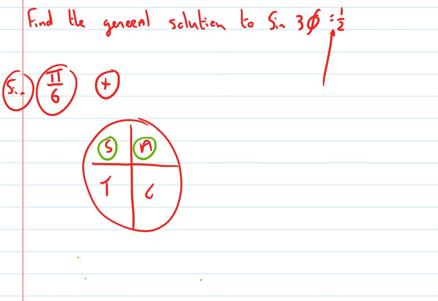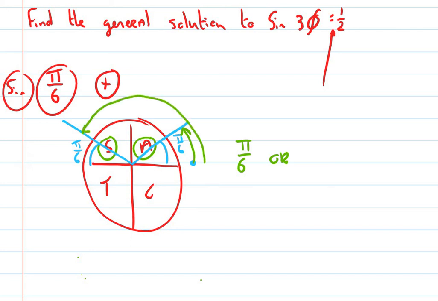Pi over 6, which is 30 degrees, just to give you an impression of how big it is. So that will be here and here. So pi over 6, pi over 6. If we're starting on the positive x-axis and measuring to here, we get pi over 6. Or if we go from here to here, it'll be pi minus pi over 6, which is 5 pi over 6. So no difference so far.